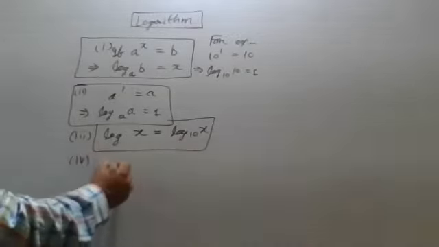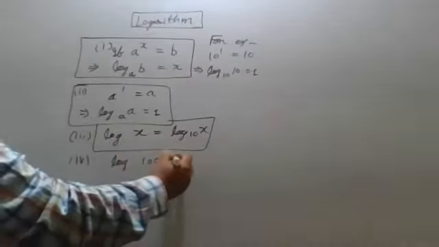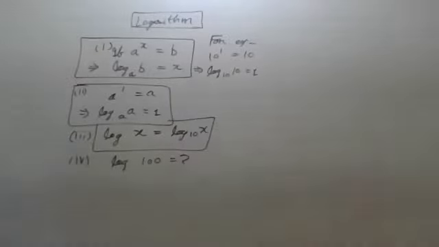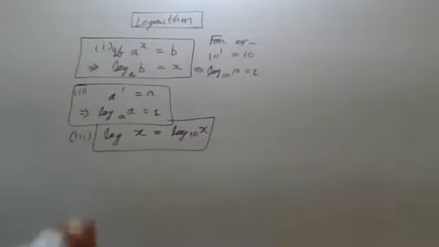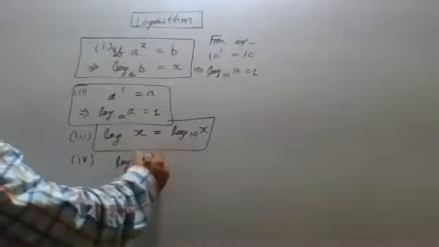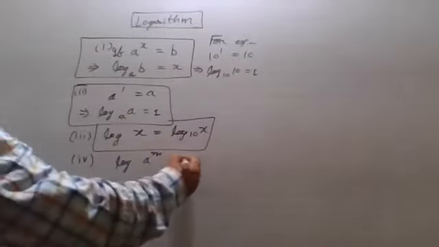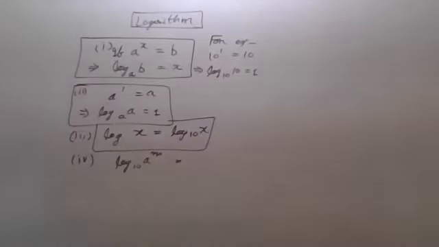Fourth part. If we write log 100, what will be the value of log 100? How to find this? We will discuss this also. But before this, we will discuss one more important property of log. Like if log a to the power m is there, no base written, the base is 10, or we can take any other base also.